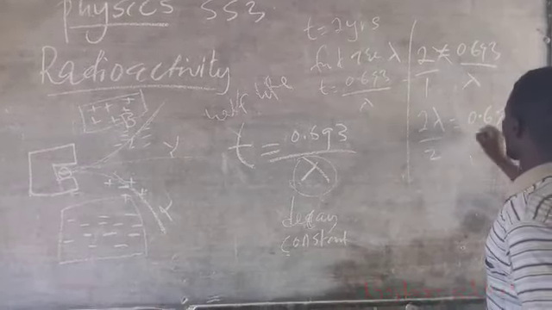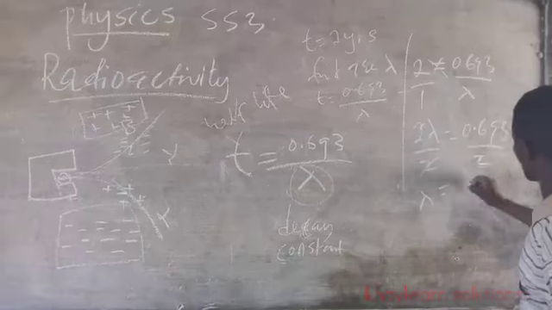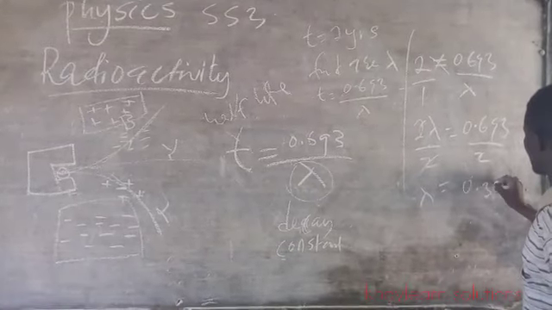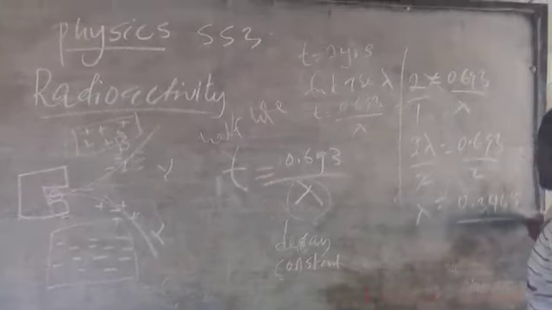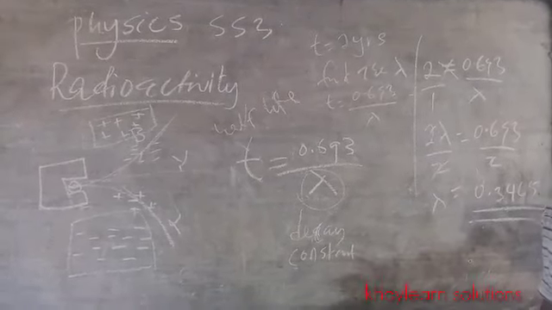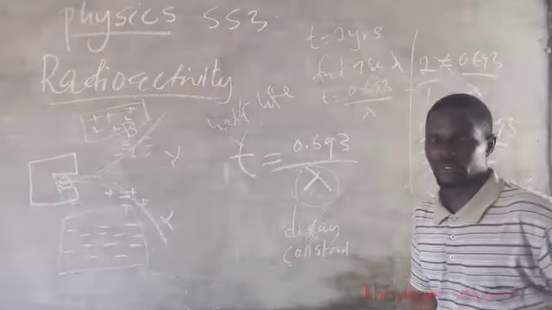Then divide both sides by 2, and we have lambda equals 0.3465. This is the decay constant. So simple. Since you know the formula, it will be enough for you to calculate whatever you want.